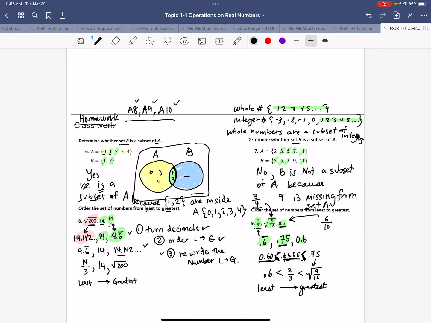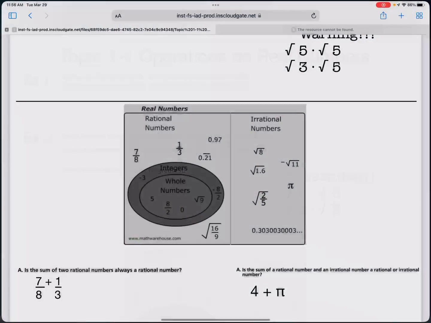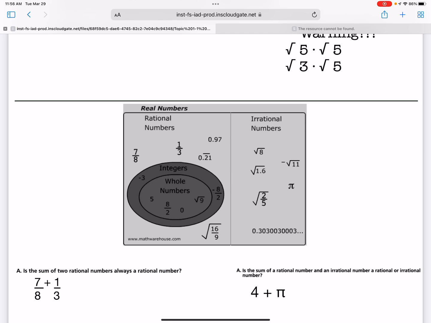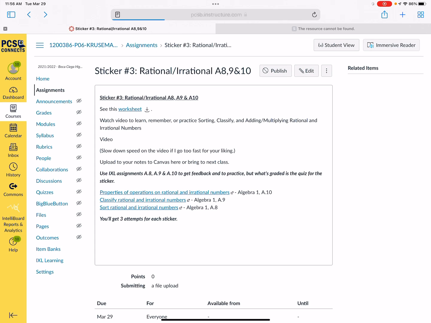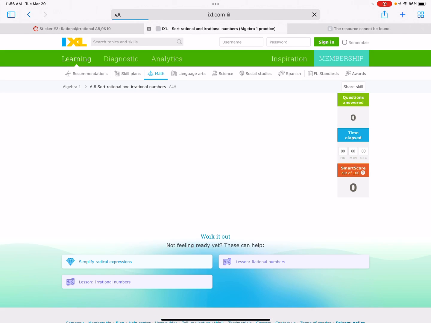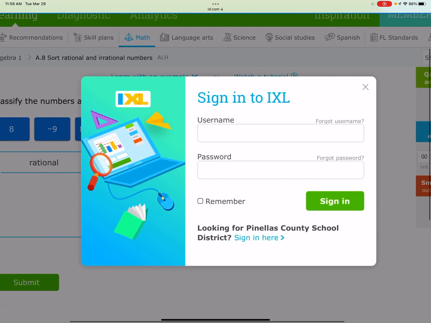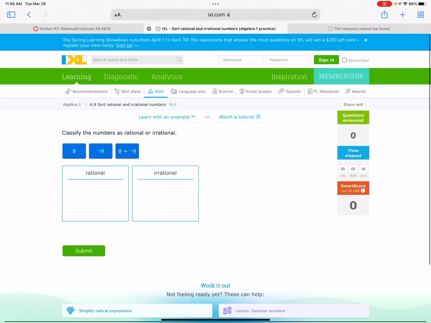Cool. Okay, so that's it for notes, but we also want to practice A8, 9, and 10. So we'll go to IXL. We notice our assignment here, it says you may also want to practice A8, 9, and 10 because I'll pull a question from there. So let's do a couple from A8. Rational or irrational? Oops, the link doesn't work because I'm not signed in.